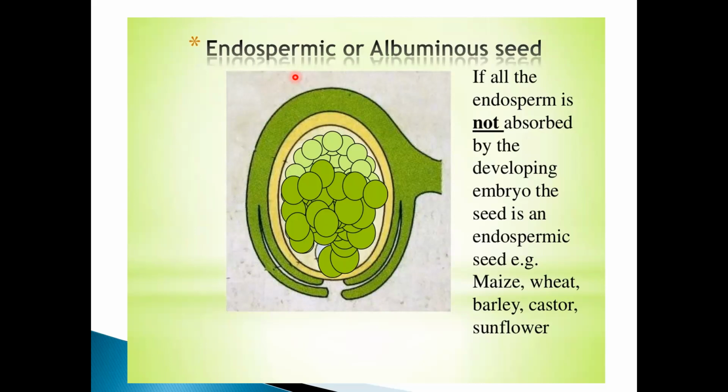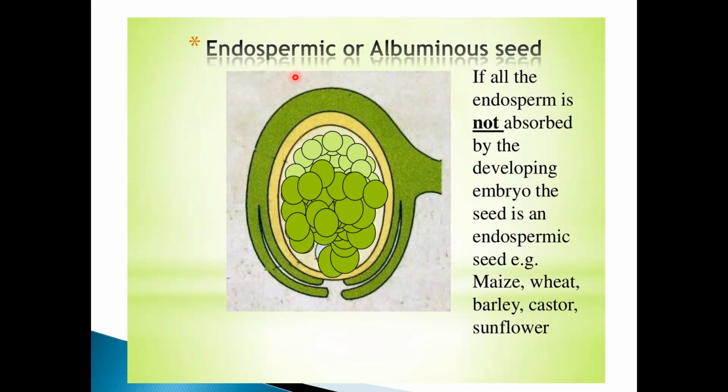Now, if all the nutrition tissue is not absorbed by the developing embryo, the seed is called endospermic. It means there are remains of the endosperm in it, and the examples are maize, wheat, barley, castor, and sunflower.